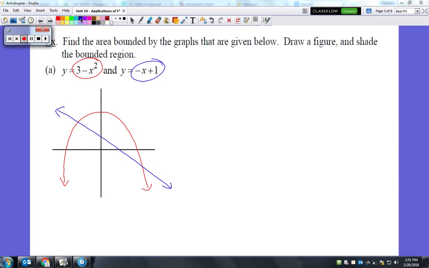You with me? Now, my shaded region is everything that has been bounded by these 2 graphs. Basically, I can only color in between the lines right here, nowhere else. And I want to find the shaded region.